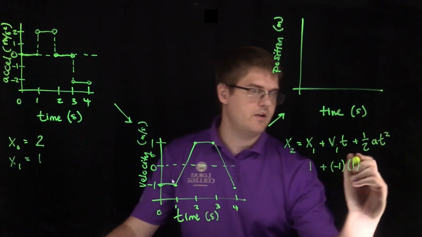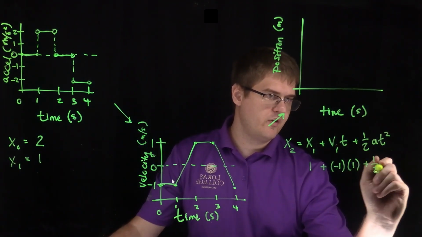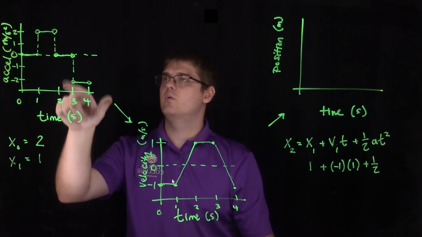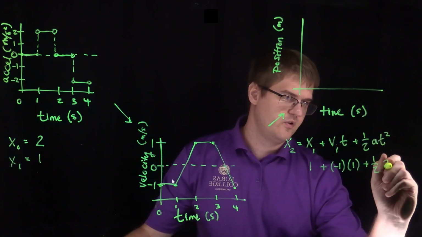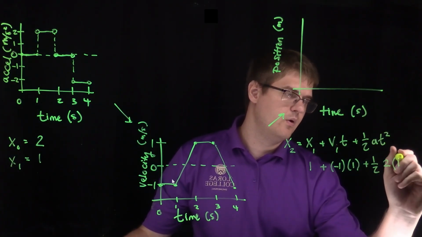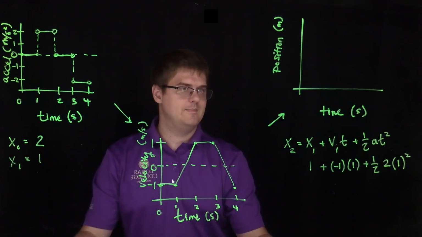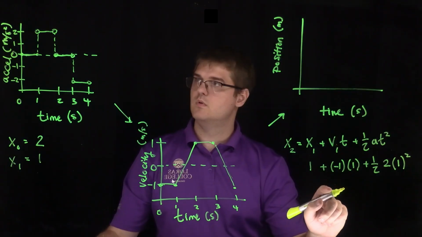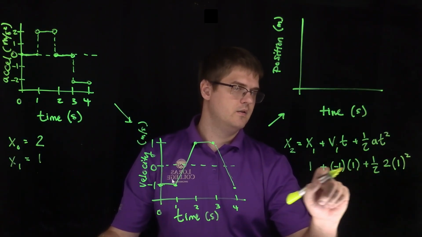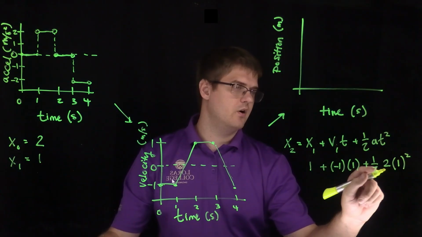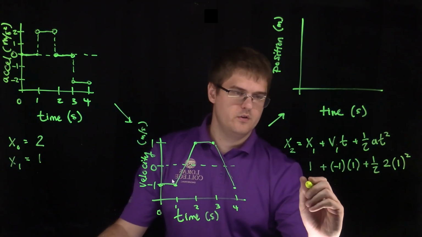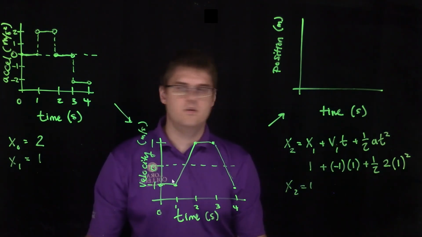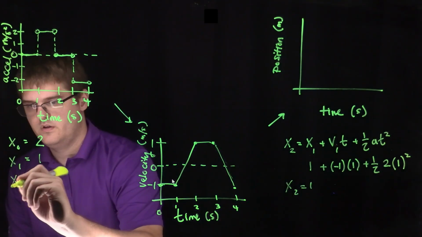Plus 1/2 times my acceleration. Well, my acceleration between 1 and 2 is 2. And change in time is 1 second squared. So I've got 1 plus -1, which is 0, plus 1/2 times 2. So x2 is equal to 1. Easy enough.